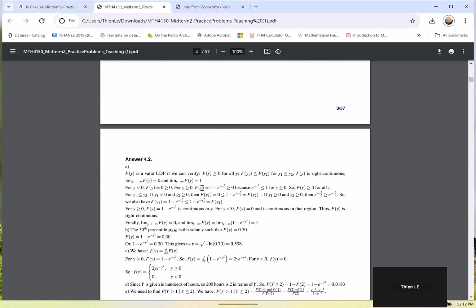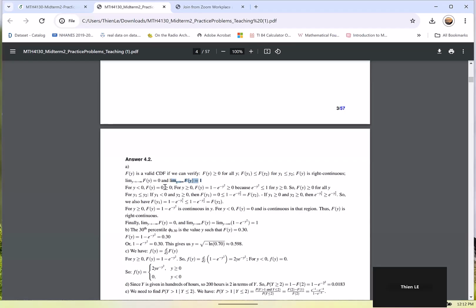So for the first part, to show it's a valid CDF, this is all the things you need to check. You need to make sure it's non-negative. You need to make sure it is always non-decreasing. You have right continuity, and you also have the limit as y goes to negative infinity being 0 and positive infinity being 1.